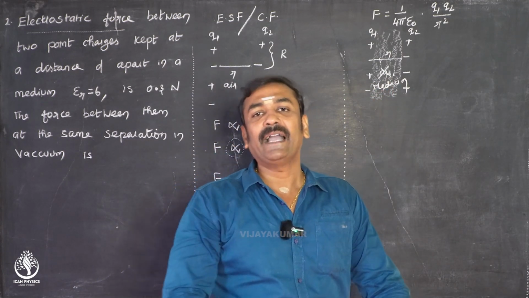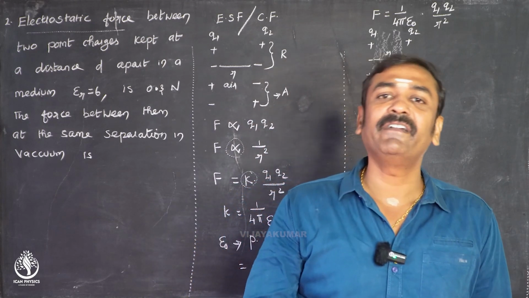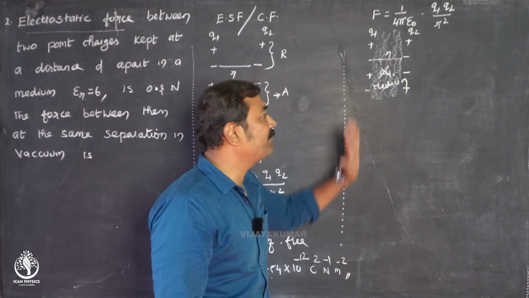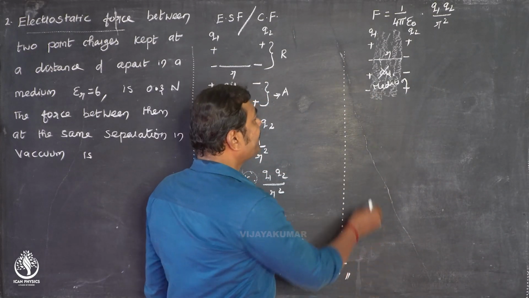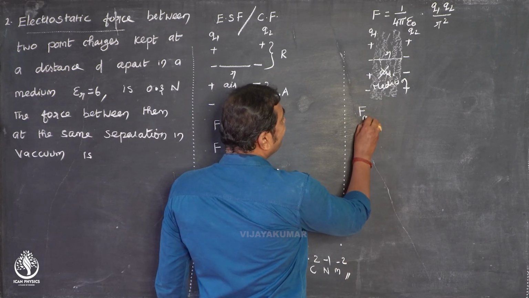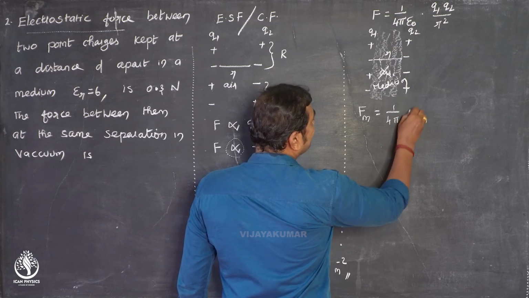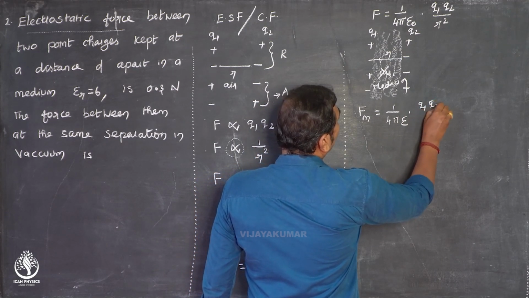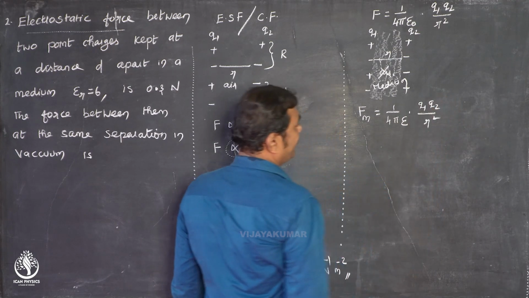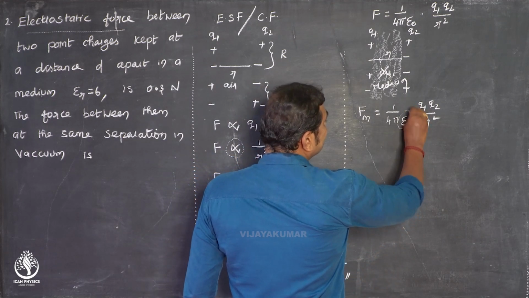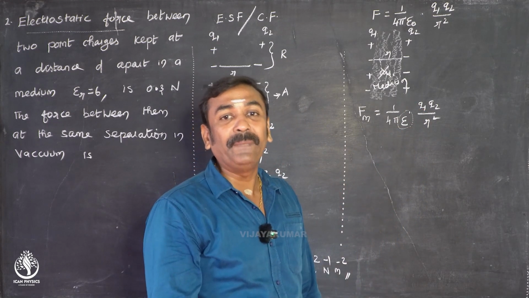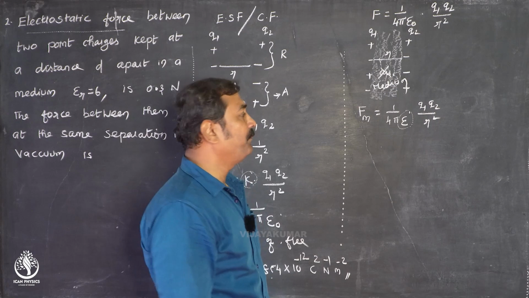So what is a medium? Apart from the air, any material we place may be the medium. Now it experiences a force Fm equal to 1 by 4 pi epsilon into Q1 Q2 by r squared. Here, epsilon is the permittivity of the medium.